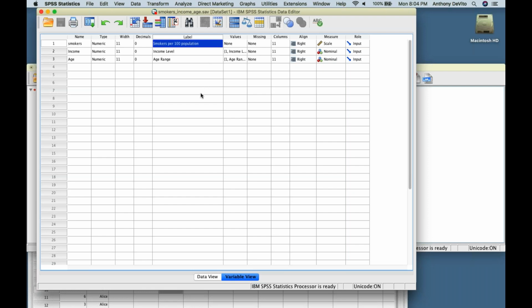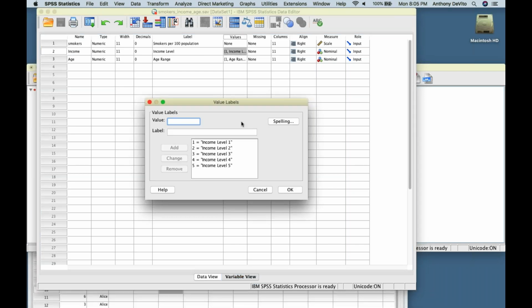That might be kind of a percentage, like 27 smokers per 100, 57, basically a percentage, right? It's a numerical variable, it's a number. And then we have two nominal variables. One is income, a categorical variable with 5 different levels of income. Level 1, maybe this is poorest, next to poorest, middle income, high middle income, and highest income, whatever it happens to be.